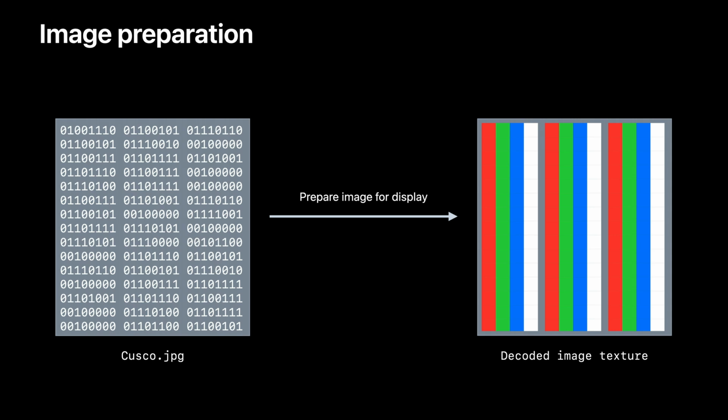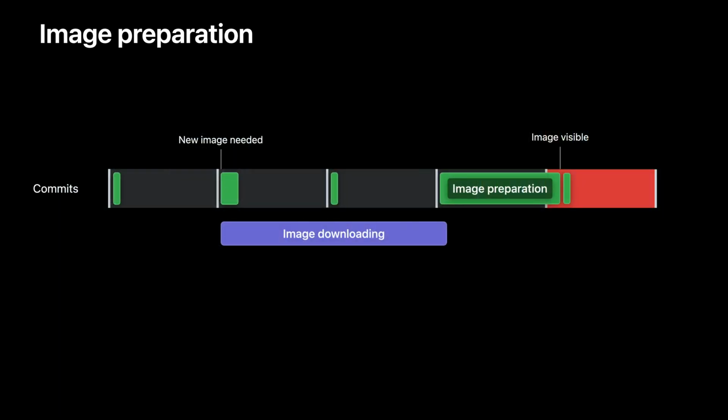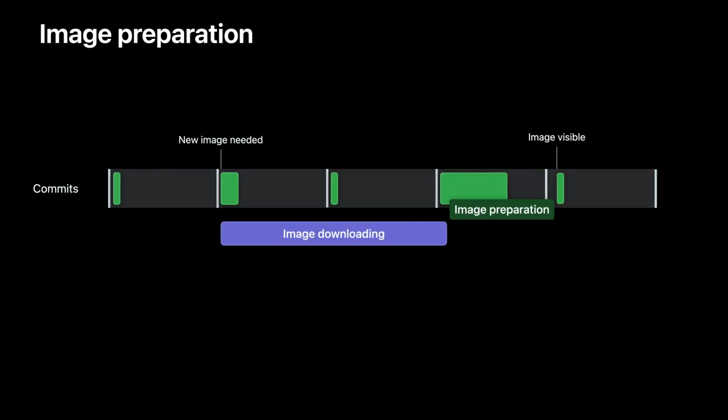Image views do this processing when they commit a new image, and it happens on the main thread. Ideally, we could prepare the image in advance and only update the UI when it's finally completed. That way, we never block the main thread and do not hitch.